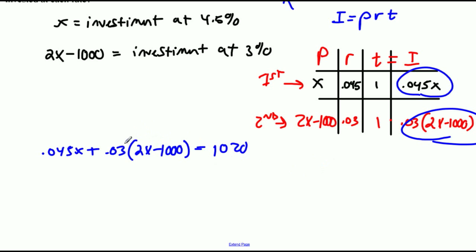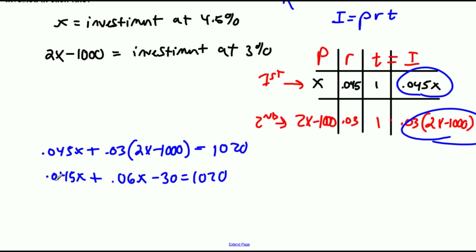Okay, so let's do this then. I'm going to first multiply by 0.03, so I'm going to bring this down. 0.03 times 2x is 0.06x, and 0.03 times negative 1000 is negative 30.